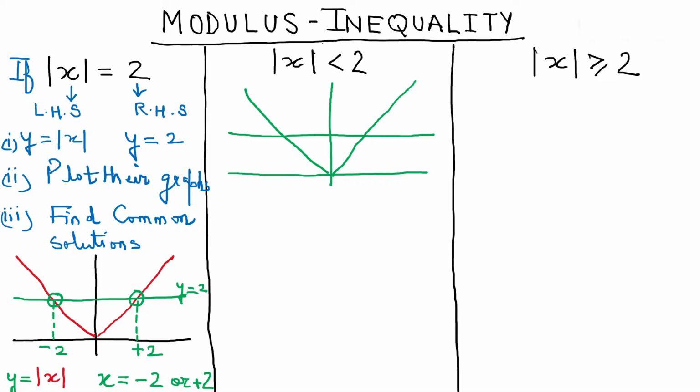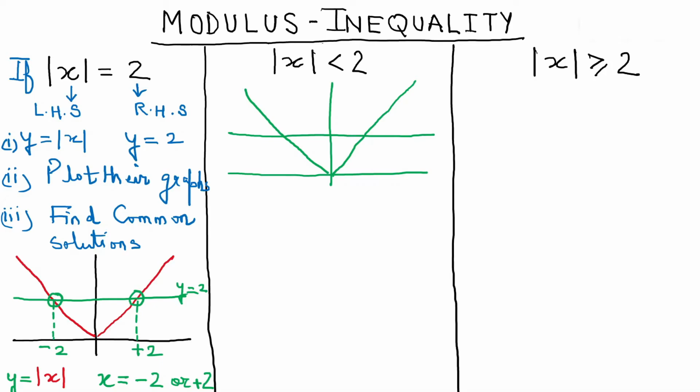Now when we are saying less than 2, we are talking about modulus x minus 2 being less than 0. Or in other words, if we assume that modulus x is equal to y, then we are basically talking about the line y less than 2.